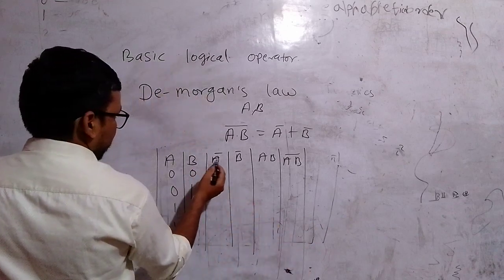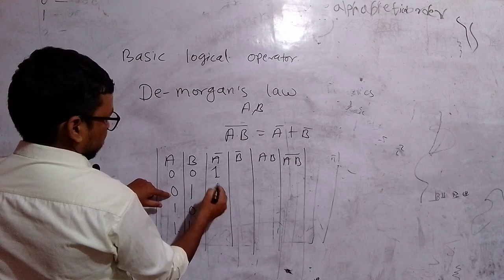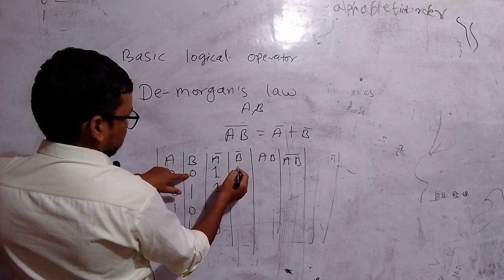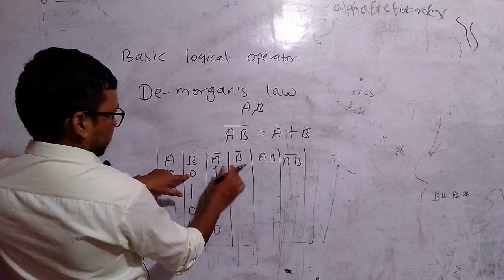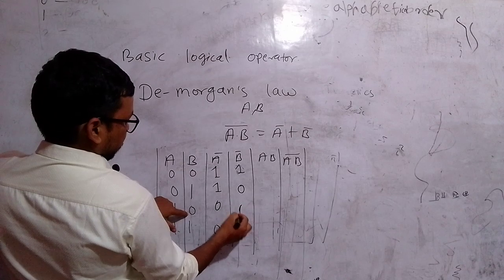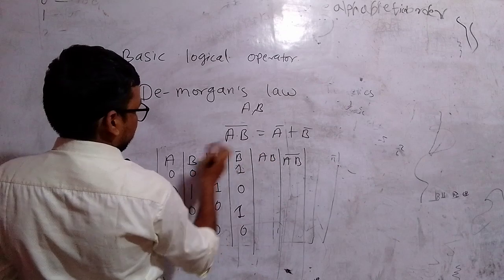Now, for A complement, 0 changes into 1, 0 changes into 1, 1 changes into 0, 1 changes into 0. For B complement also, 0 changes into 1, 1 changes into 0, 0 changes into 1, 1 changes into 0.